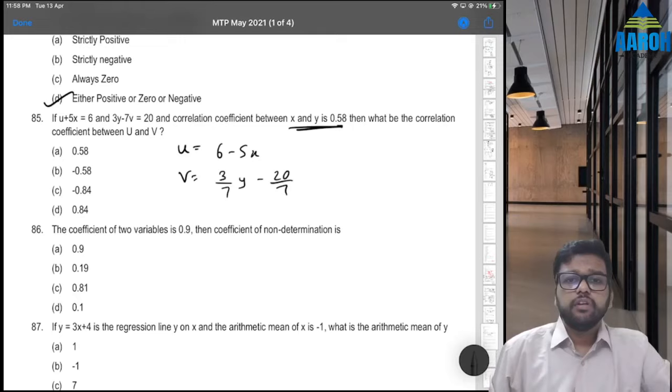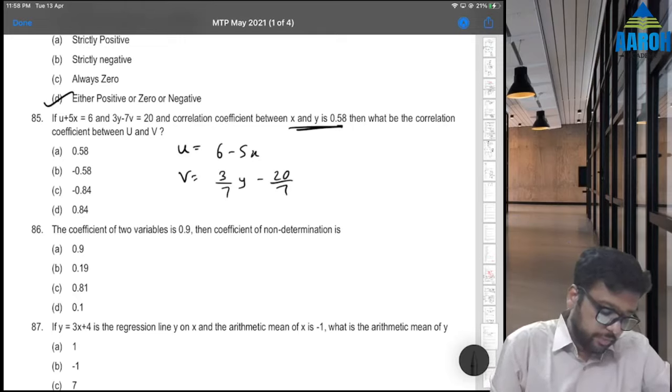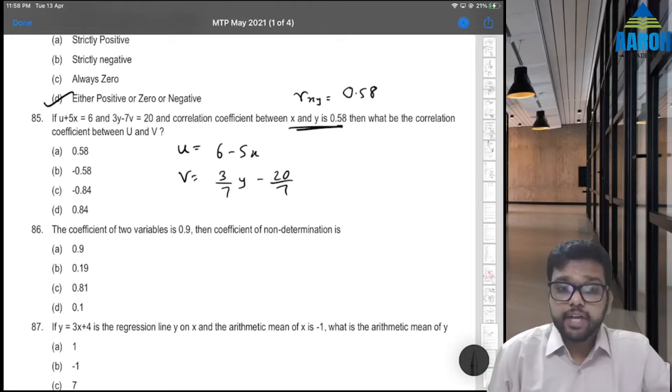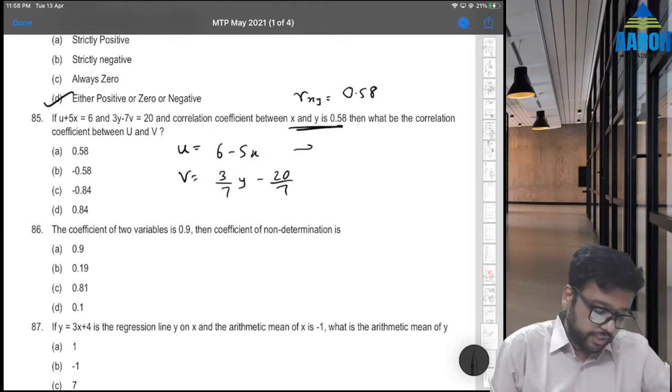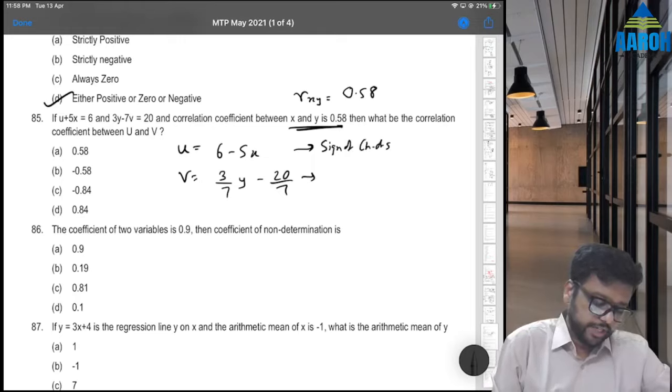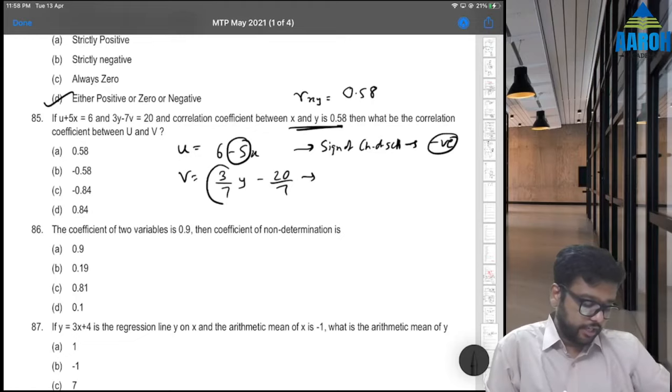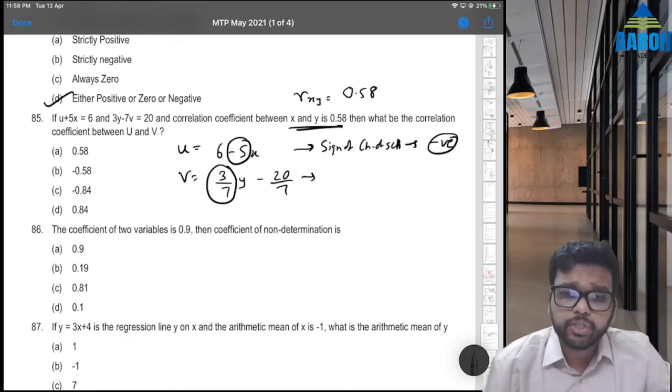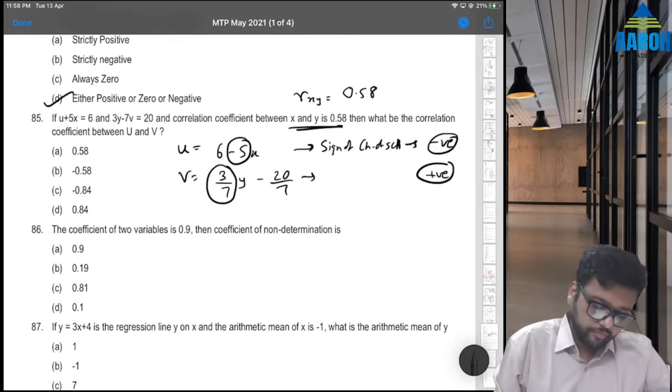Fine. Now the correlation coefficient between x and y, Rxy, is given as 0.58. Understand, we have to check only the sign of the change of scale. The sign of the change of scale is negative here, and the sign of the change of scale, that is 3 by 7 in the multiplication, is positive.